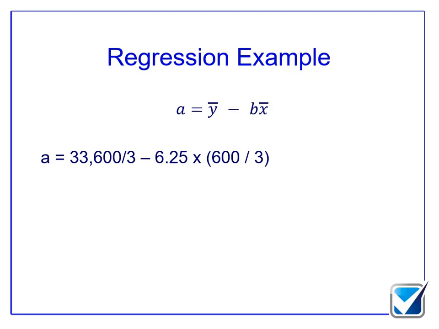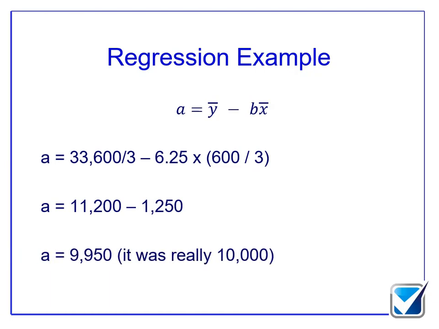So 33,600 divided by 3 gives me the average for Y. 600 divided by 3 gives me the average for X. Multiply that by 6.25. That now gives me A is 11,200 minus 1,250, which gives me 9,950, which again is slightly off. The figure we were really looking for was 10,000, not the 9,950.